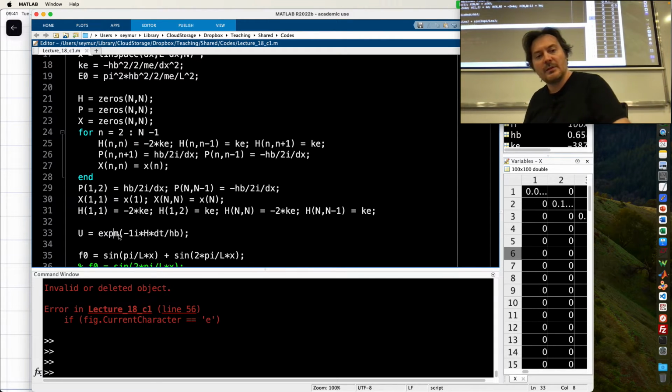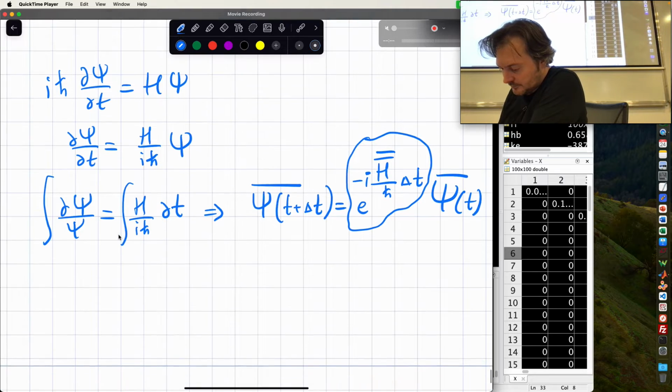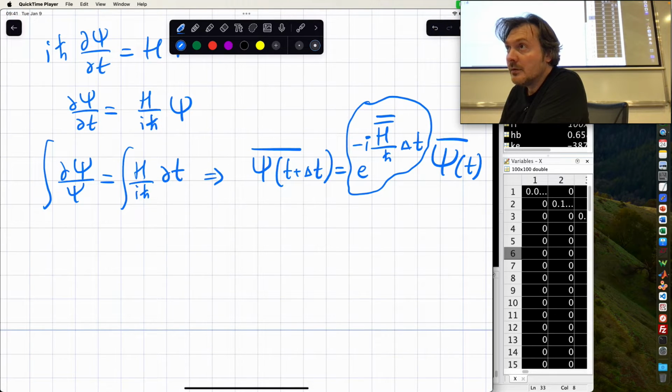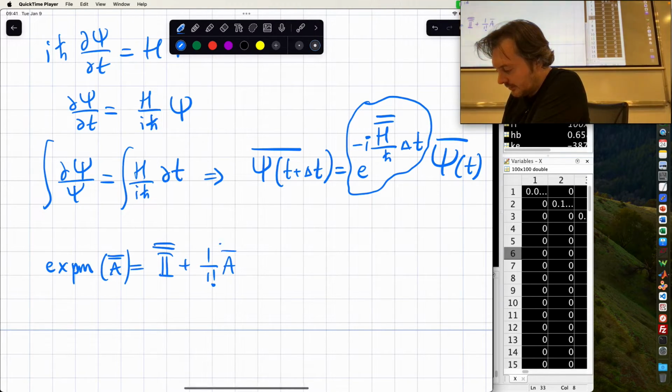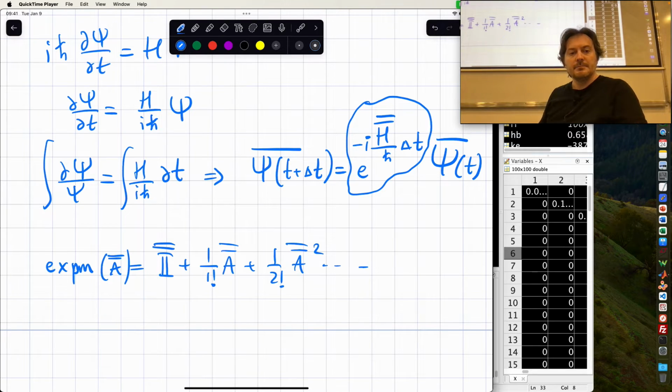It's related to the Maclaurin series. Yes, exactly. So when you have this one, you have basically identity plus 1 over 1 factorial A plus 1 over 2 factorial A squared, blah, blah, blah. Okay?